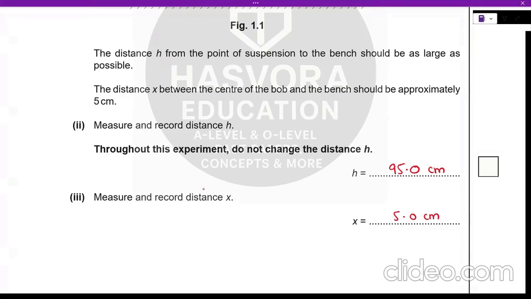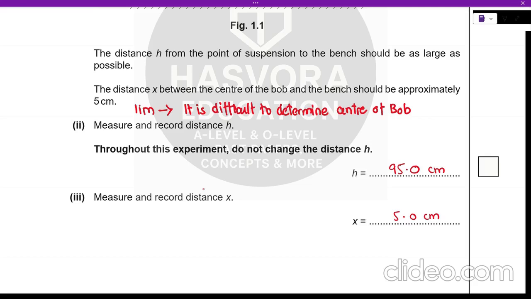Now, one limitation that I want to address here, that can come to us if it comes as a question two, is that it is difficult to determine the center of the bob. So what can be the improvement for this limitation?